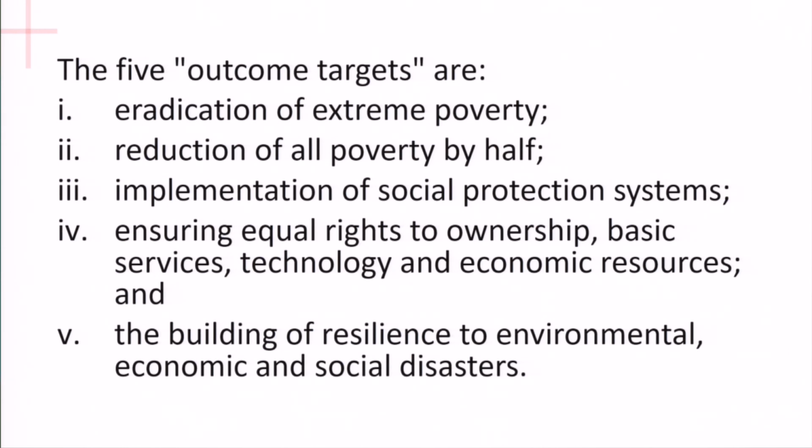The 5 outcome targets are eradication of extreme poverty, reduction of all poverty by half, implementation of a social protection system, ensuring equal right of ownership to everyone, and building a resilient environment so that we are able to give a protective environment to the society, ensuring economic and social stability.